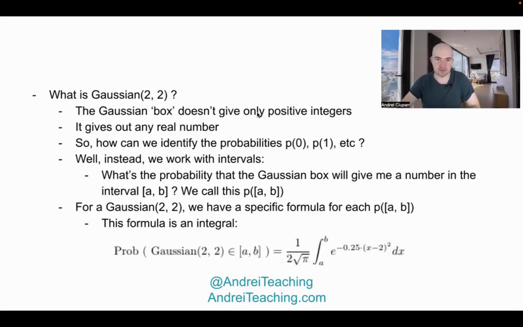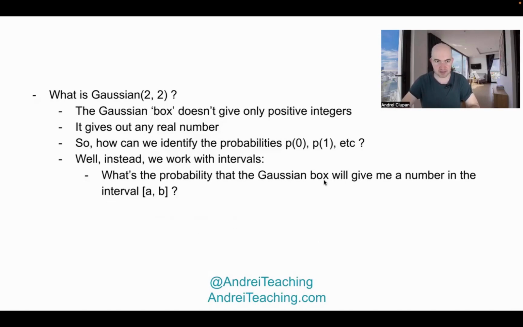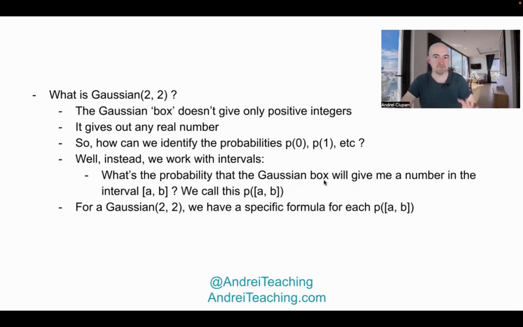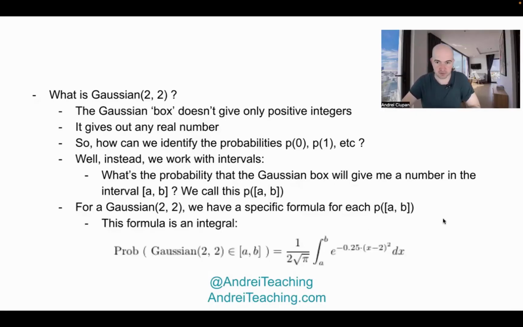And of course, if you have any questions about this or about anything that I discussed previously or that I'm going to discuss, just write me a comment, and I'm very happy to answer. So this is what determines the Gaussian 2, 2. We have a formula for the probability of receiving a random number in this interval.